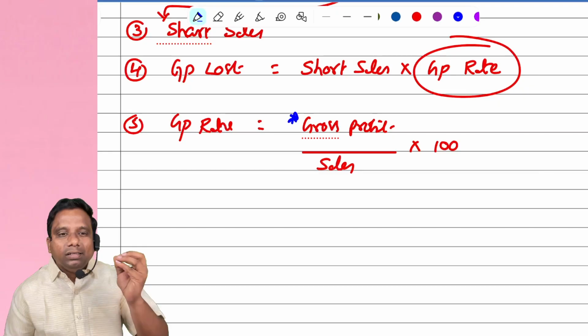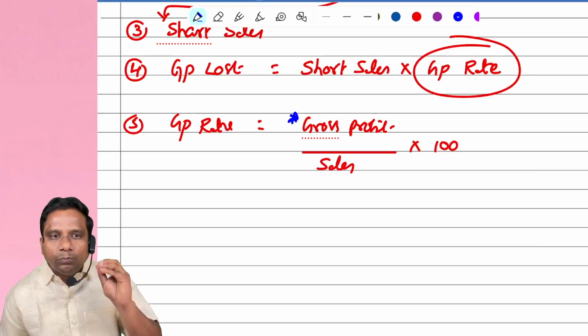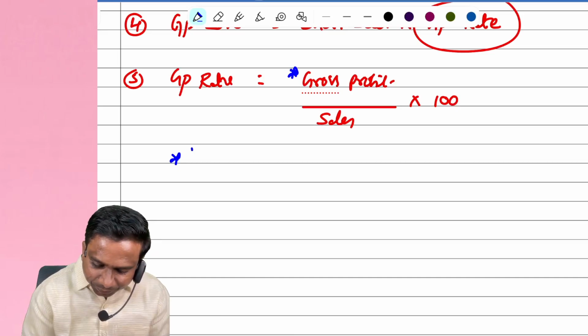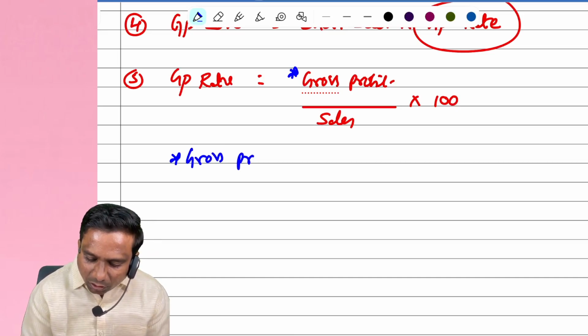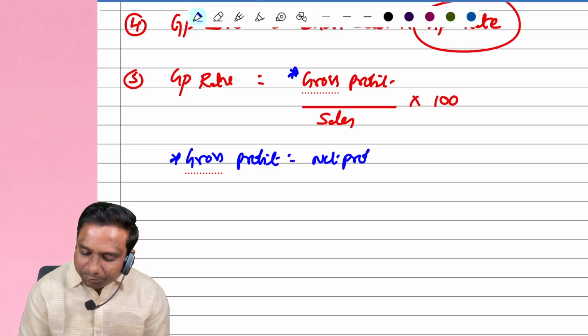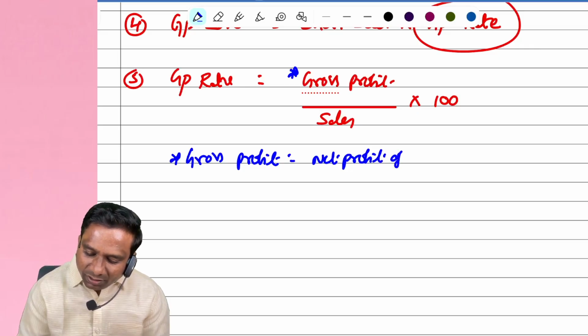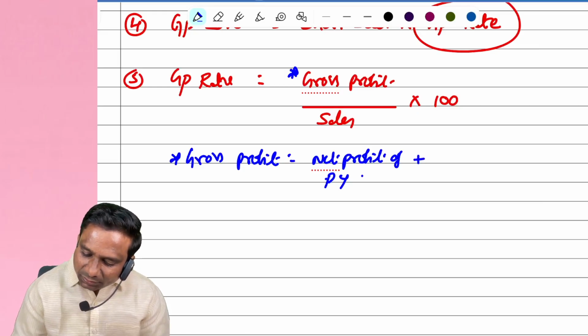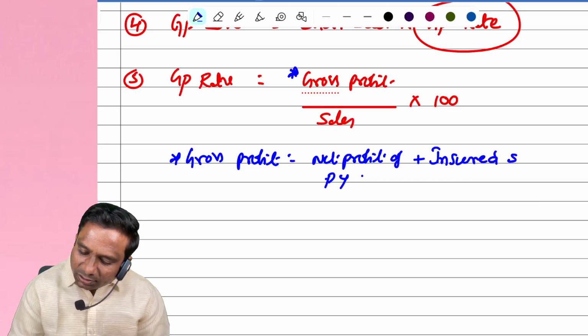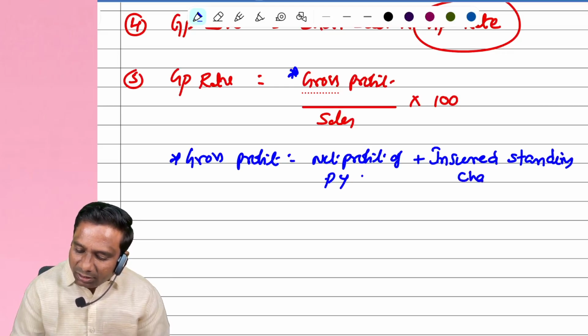But in case of loss of profit calculation, observe carefully, gross profit is equal to net profit of previous year plus insured standing charges.